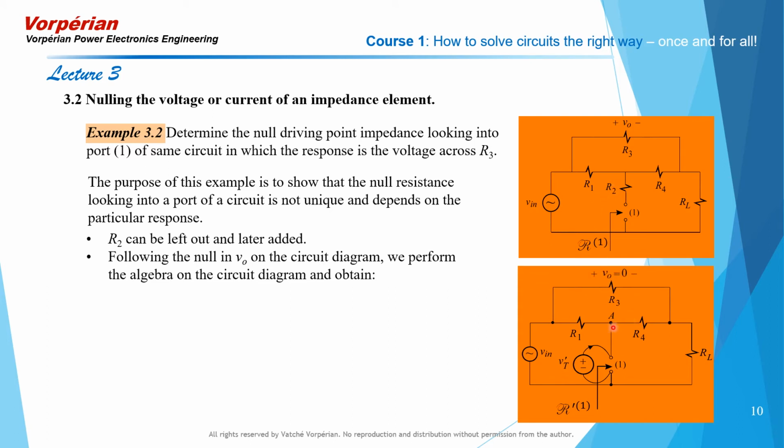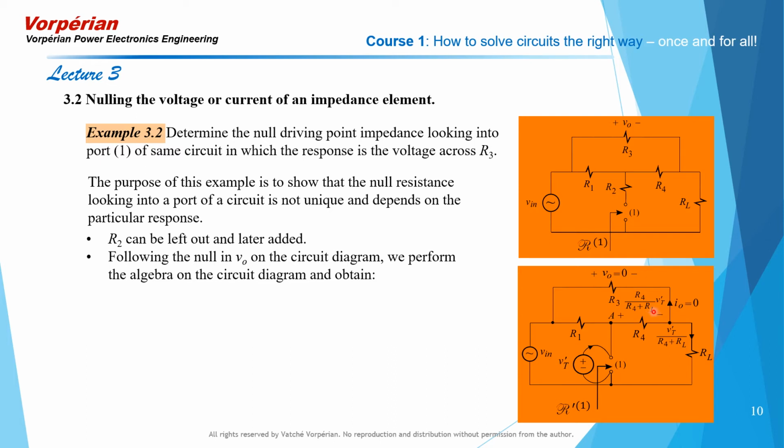And in this circuit, we're going to null the response V0, which when we do, results in a zero current through R3. When you do that, this wire here is kind of dangling out there doing nothing, and the voltage V prime t, which appears across R4 and RL, will generate a current through it, which is V prime t divided by R4 plus RL by Ohm's law, and you have a voltage division between R4 and RL of the voltage V prime t, which we write on the circuit shown here across R4.